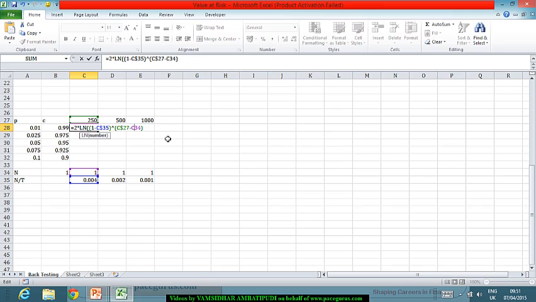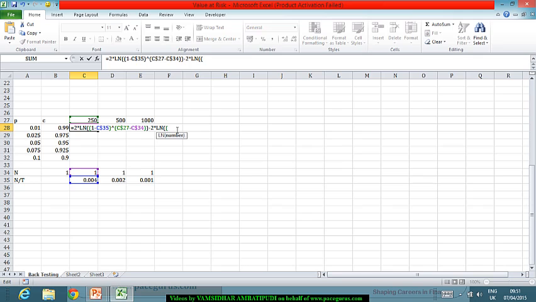T minus n plus, what else do I require? Sorry, minus 2 log. So I am talking about 2 into log. So this part has to be closed here. 2 into log minus 2 log.